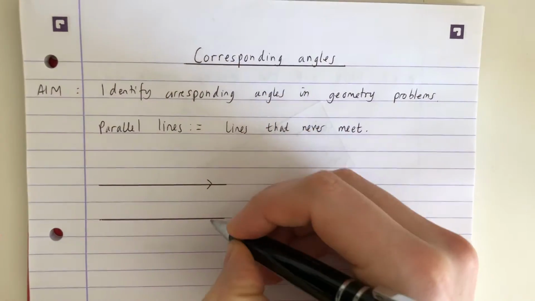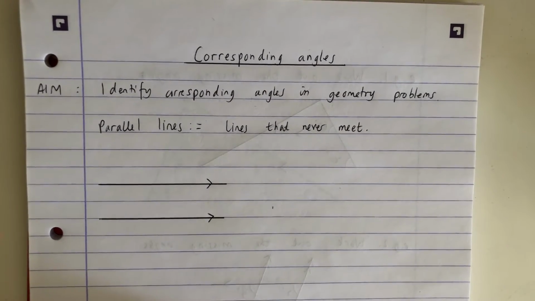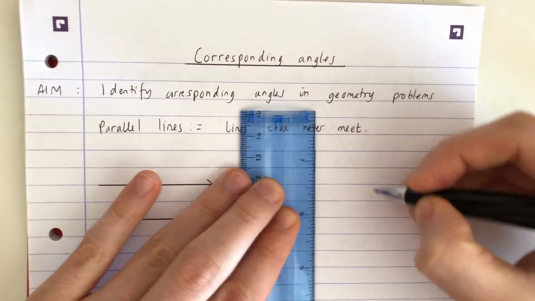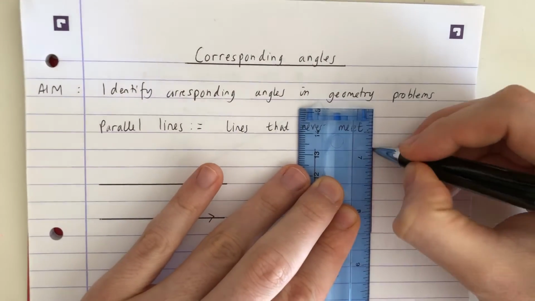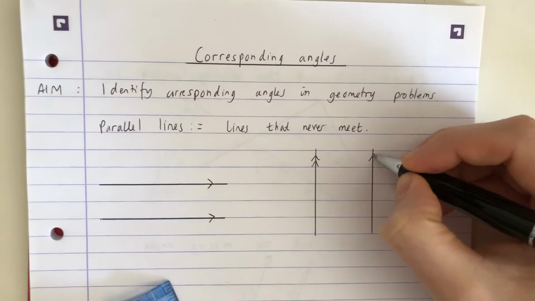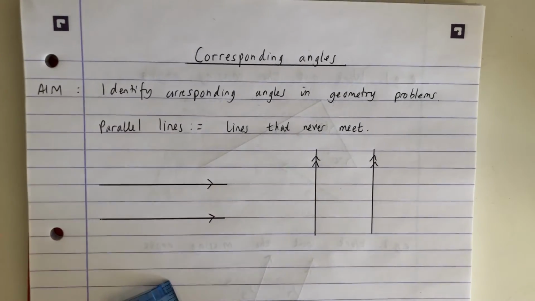And mathematicians use these arrows to indicate the lines are parallel. Could draw them the other way around, like so. And I can use arrows like that, and that means these two lines are parallel.